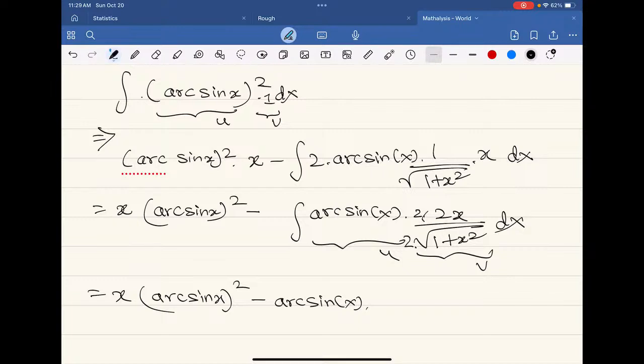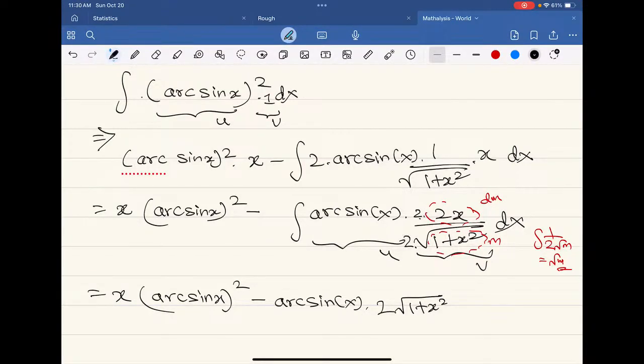If this thing over here is m, this thing over here is dm, right? And now the integral of 1 by 2 root m is just root m, right? So we will just have 2 times square root of m, which is 1 plus x square.